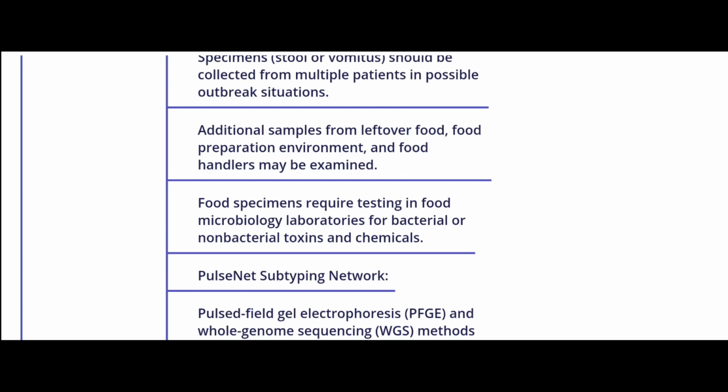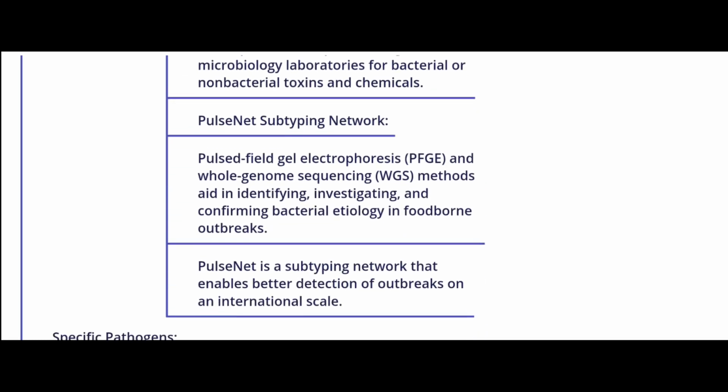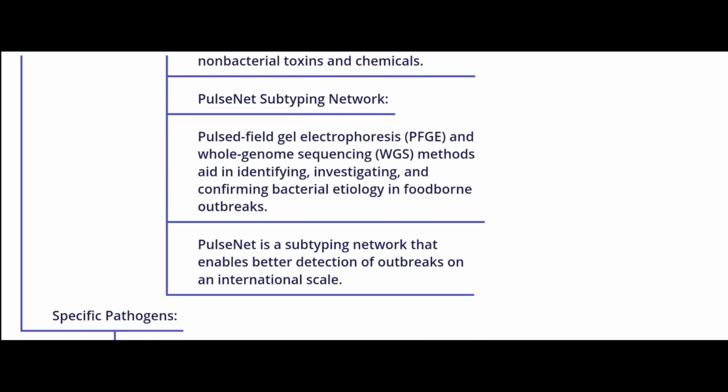They should be tested in food laboratories, not in clinical labs. We have the PulseNet subtyping network, which uses pulsed-field gel electrophoresis and whole genome sequencing, which can help us identify exactly which strain or subtype of etiological agent is causing this disease.